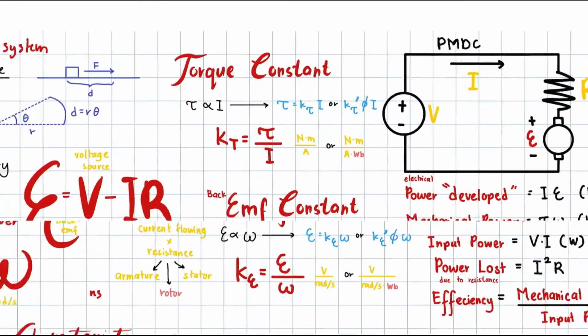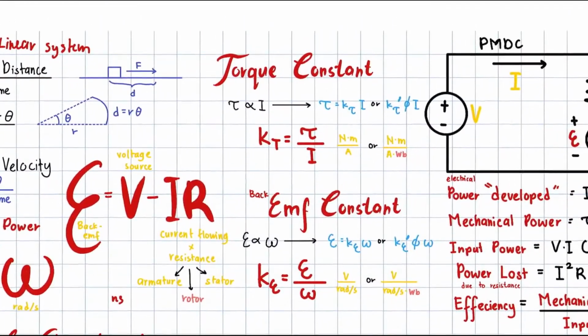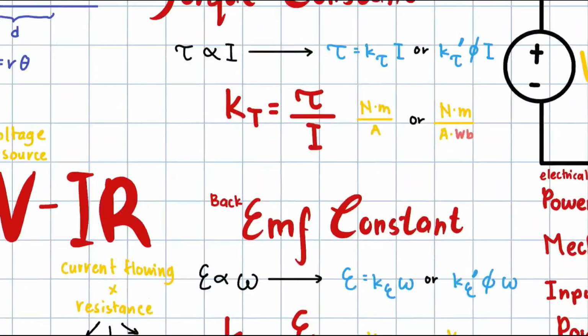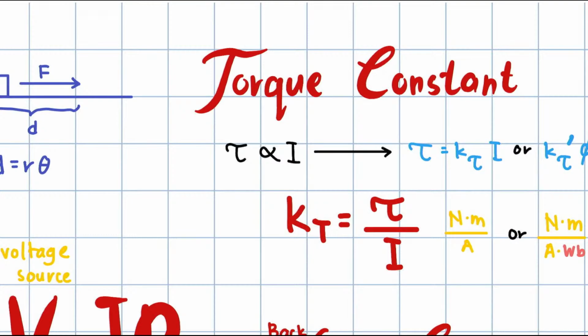Okay, so now when we talk about the motor, there are a lot of things that correlate to each other. For example, torque is directly proportional to the ampere, that is, the current.